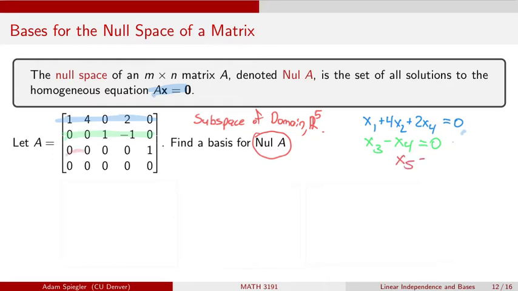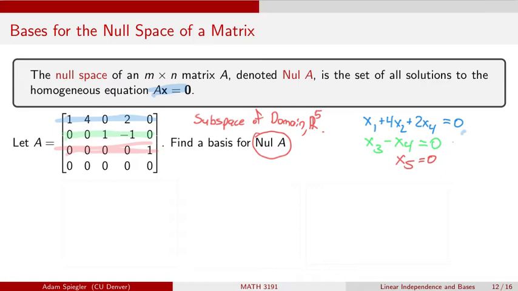From the third row, we see that x5 has to equal 0. From the very last row, we don't get any additional conditions other than 0 equals 0. So we do have a consistent system, and because we have some free variables, the solution is not going to be unique. We have more solutions than just the trivial solution.